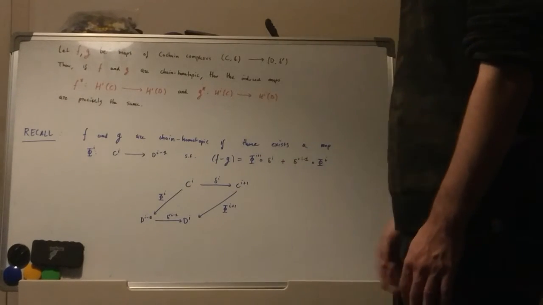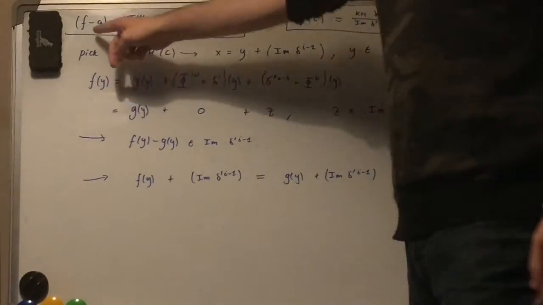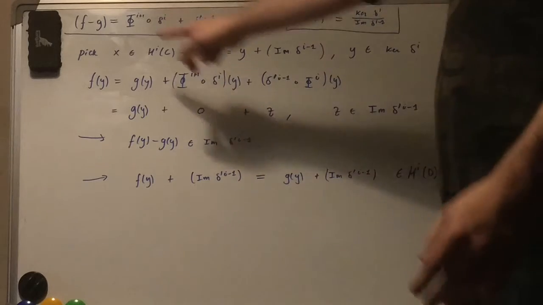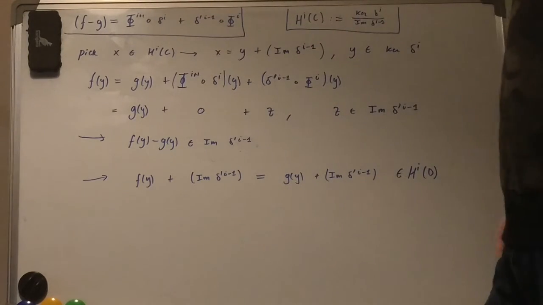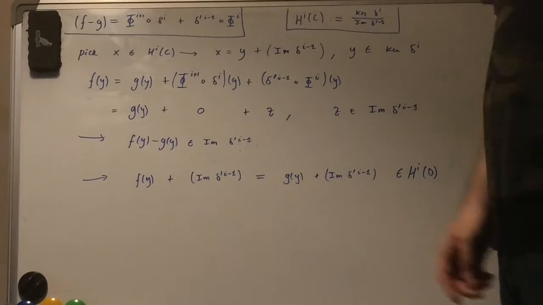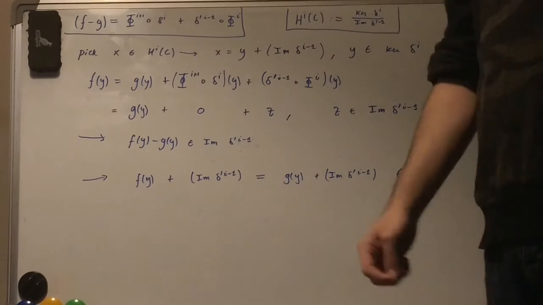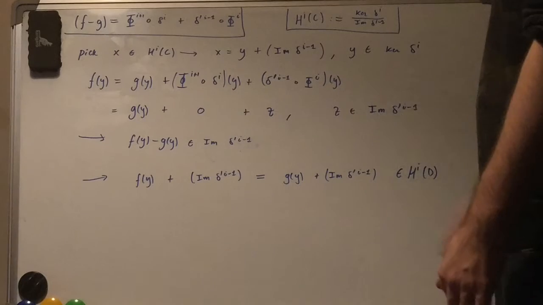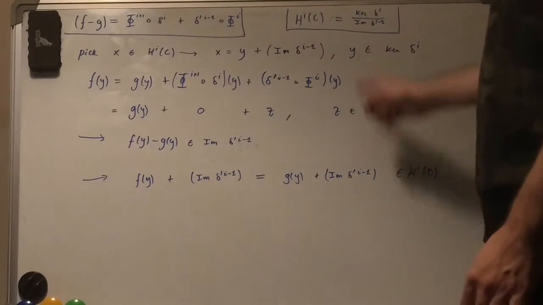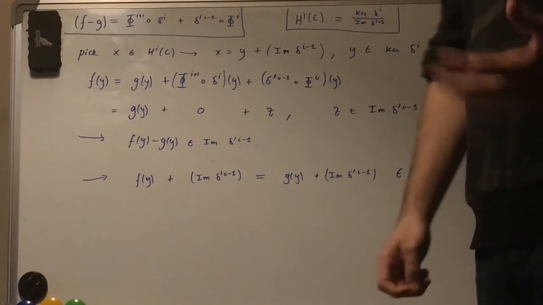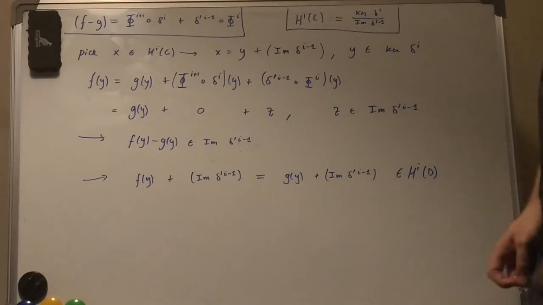So now we can actually do the exercise. Okay, so I've got the definition of a chain homotopy up there, and the definition of the ith cohomology group up there. One thing you should notice is that the elements of this group are cosets with representatives in the kernel of the ith co-boundary map, with respect to the image of the I-1th co-boundary map.